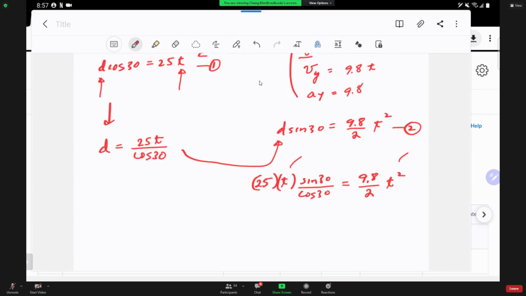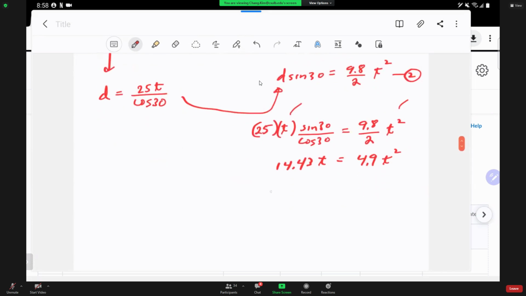So 25 times sine over cosine is tangent. So that's going to give me 14.43 t equal to 9.8 divided by 2, which is 4.9 t squared. So I'm going to rewrite those. That's going to be 4.9 t squared minus 14.43 t equal to 0.